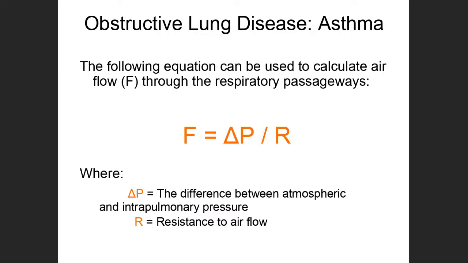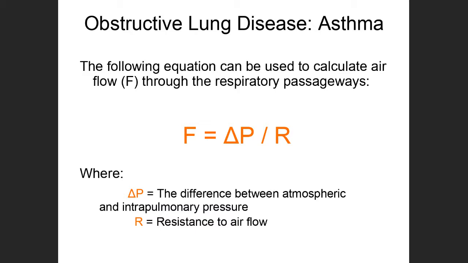So I want to talk about a formula that allows us to calculate airflow through the respiratory passageways. You've seen this formula before, so it's the exact same formula that we use to calculate blood flow through a blood vessel.